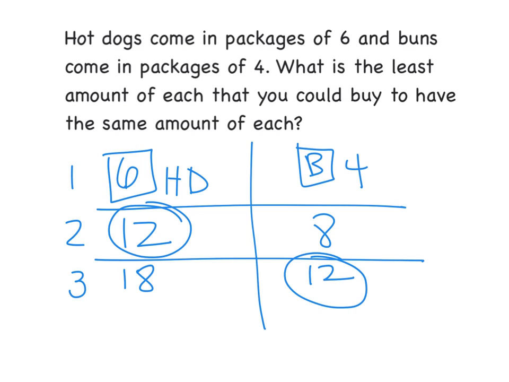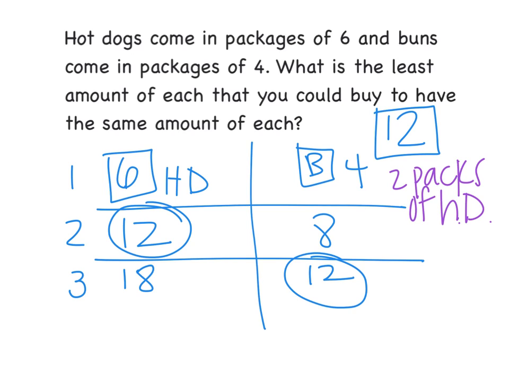So the least amount that I could buy where I have the same amount of hot dogs and the same amount of buns is 12. You could say 12 as your answer, or you could also word it as 2 packs of hot dogs, I'll abbreviate that HD, and 3 packs of buns.